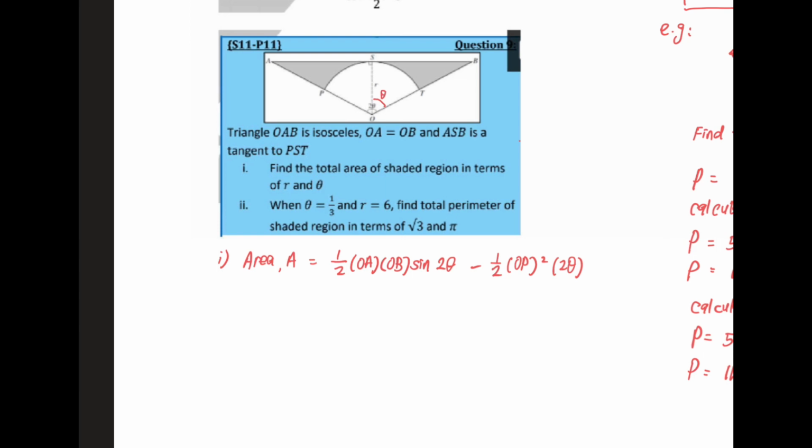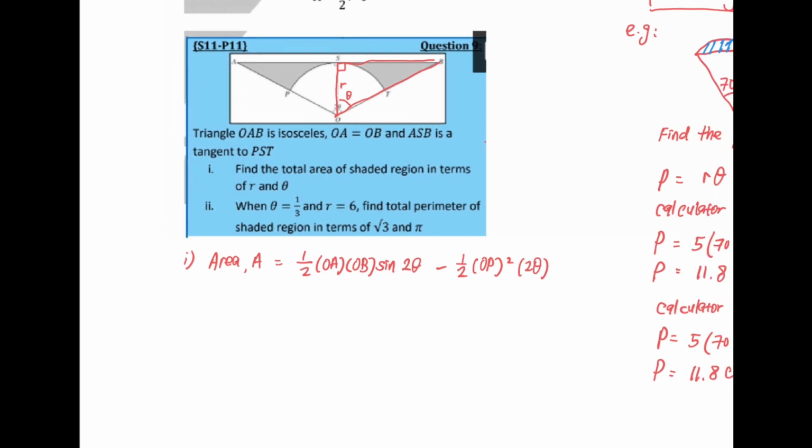Half of the triangle is theta. So we consider this right angle triangle. The side here is R. Then here is the right angle triangle.